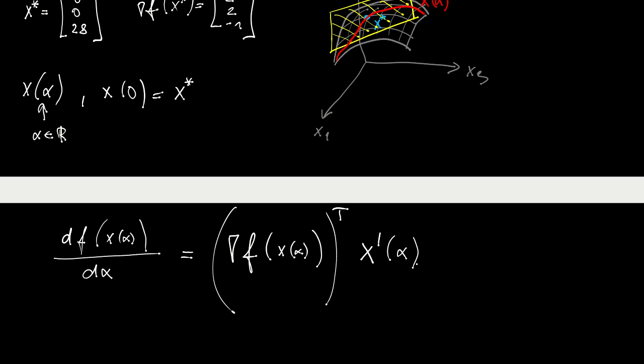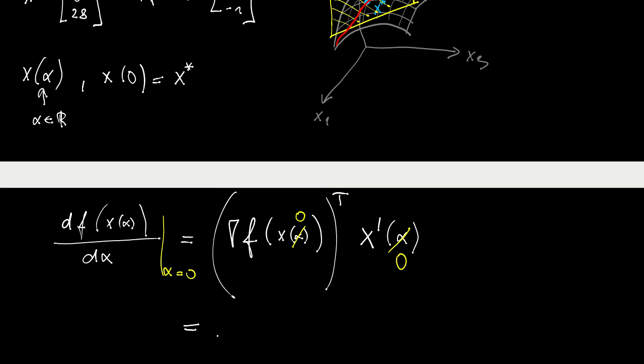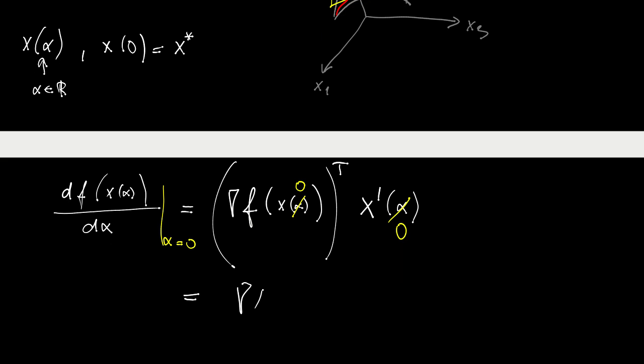Now, if I evaluate this at alpha equal to 0, this is what I obtain, and I can rewrite it as the gradient of f at the critical or stationary point times x prime at 0.